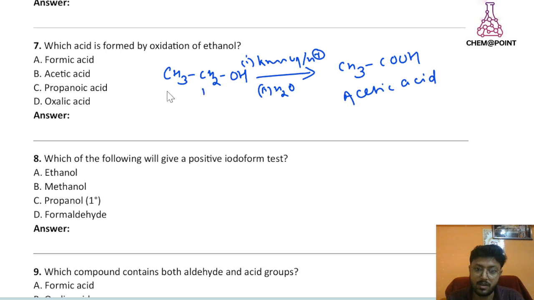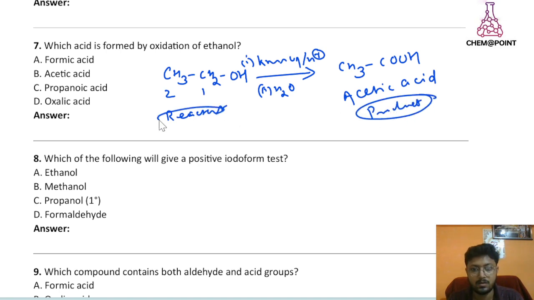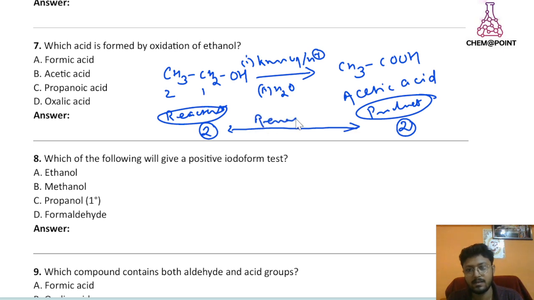If carbon number is 2 on the reactant side, then on the product side also carbon number is 2. Not exceed, not less. Remain same. Okay. Have a look. Remain same.